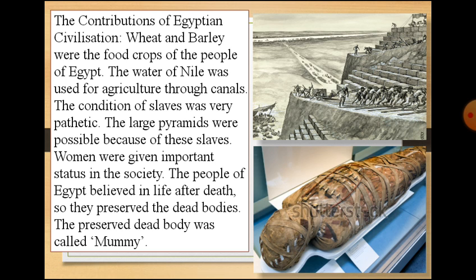After a person's death, they thought that there is life, and so they placed food and drink and the things which they used outside the tombs or the burial chambers, the chamber in which the dead body was kept. The preserved dead bodies were called mummies.